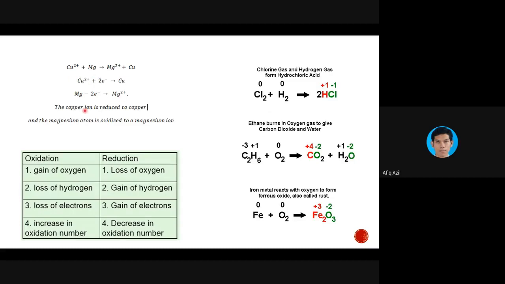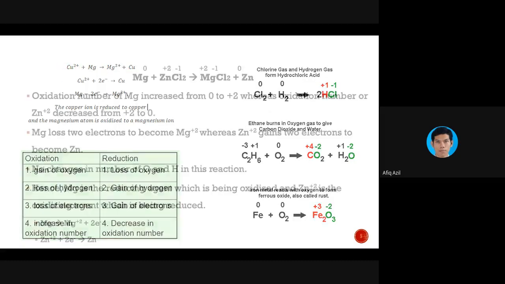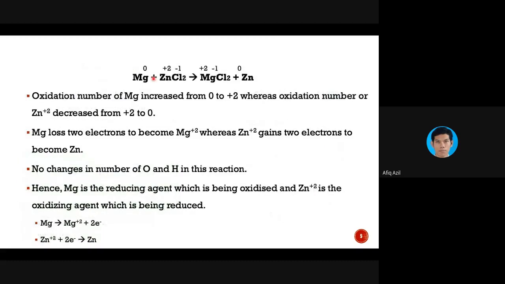From the half equation, you will be able to identify more easily whether it gains or loses some electron. But if it is written in the full equation like this, I believe it is easier to detect which one is undergoing oxidation or reduction based on their oxidation number.